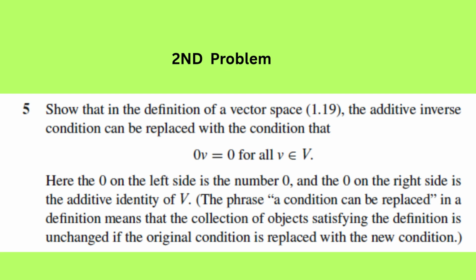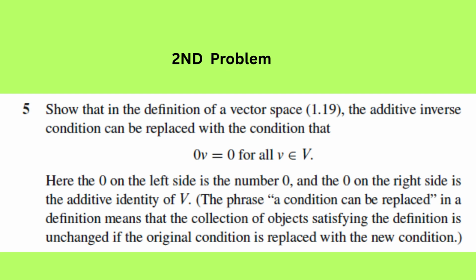Hope you got it until there. Our second problem is a bit more in depth, but around the same concept. Show that in the definition of a vector space, 1.19, this is a problem from the Axler book, exercise 1B, the additive inverse condition can be replaced with the condition that 0v equals 0 for all v in this vector space.